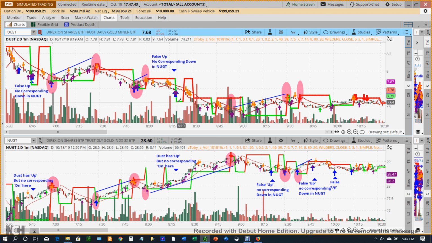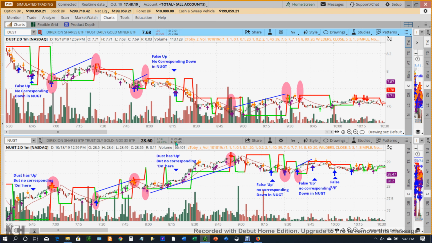So this was a false up, and it's like, well, my program's not working, but my program is working. If you look down here at the volume, in the last four bars there's three green volumes, which means people have been buying and buying and buying. Three of the last four, so that's a strong indication that it's going to change. Nothing wrong with my program.